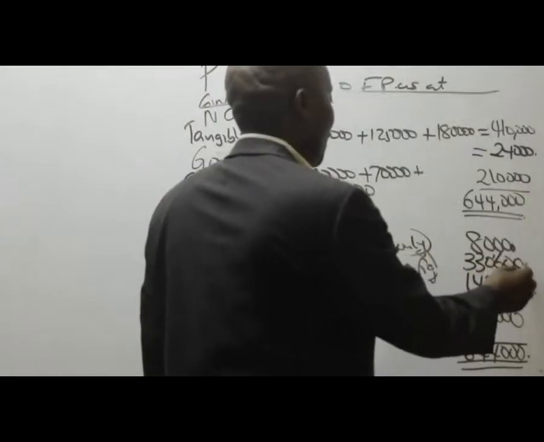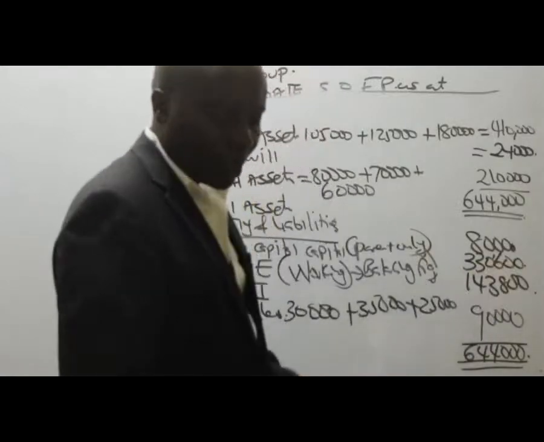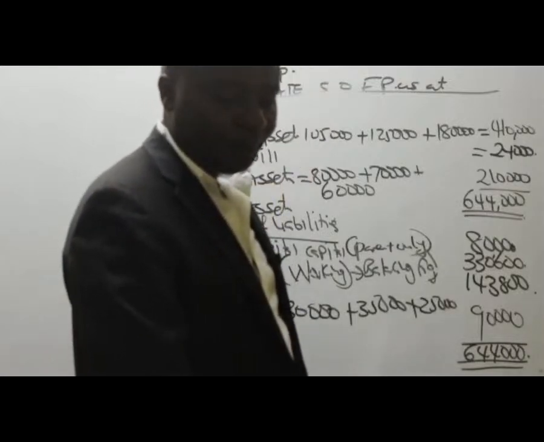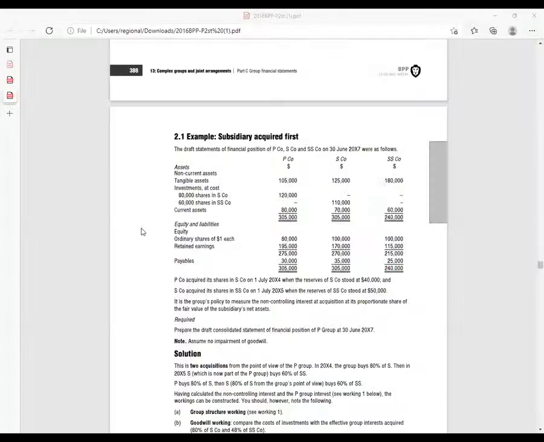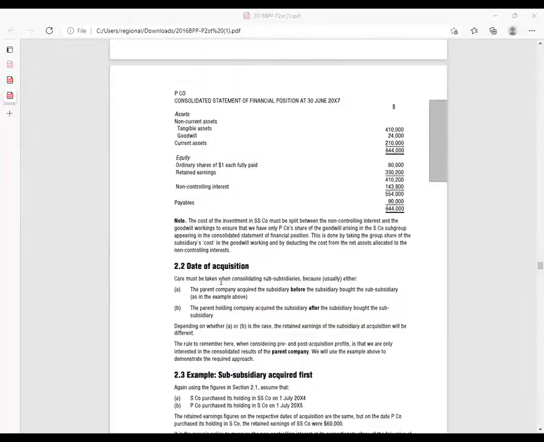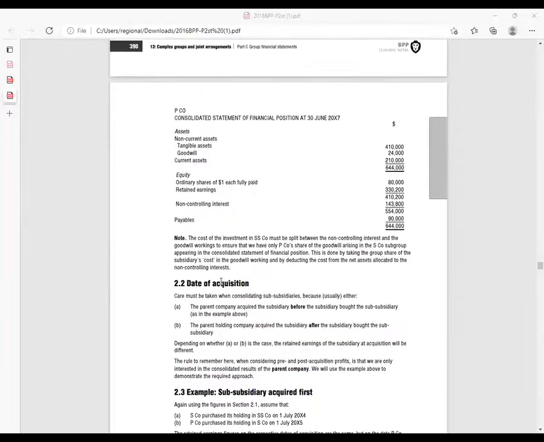Is it 330,600 or 330,200? Because I can see here, retained earnings for 10 should be 330,200.